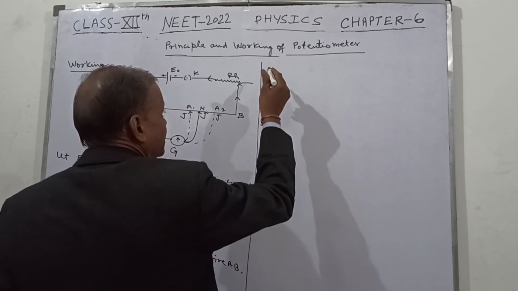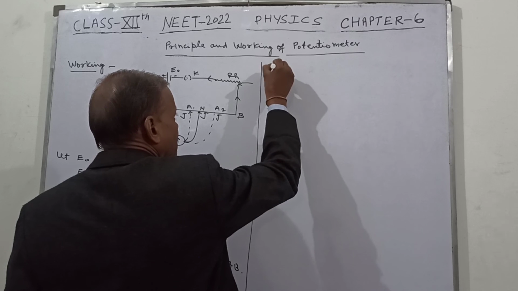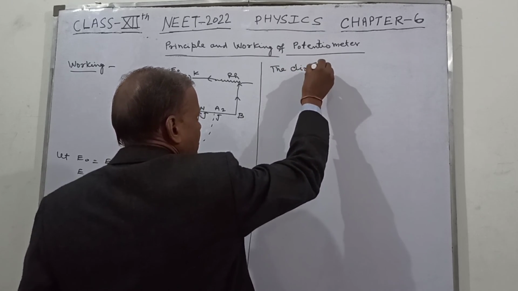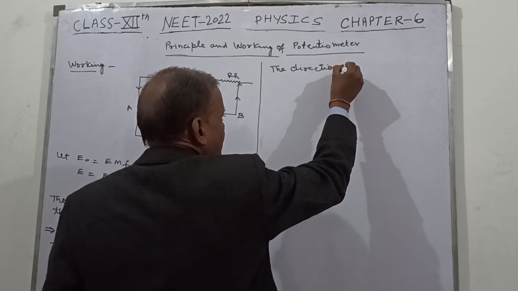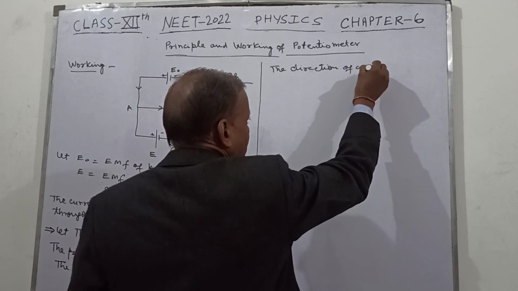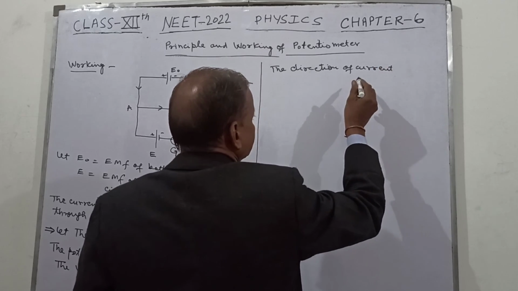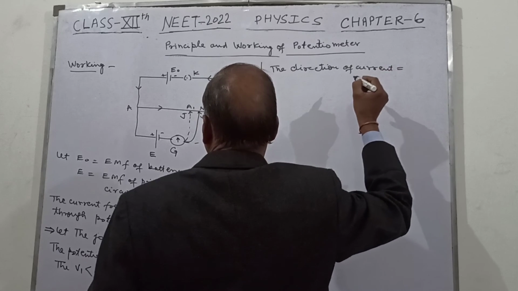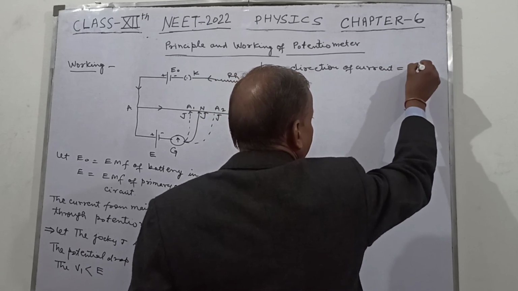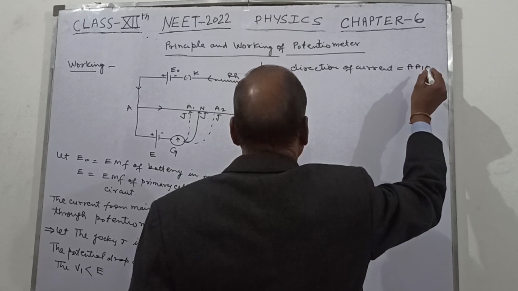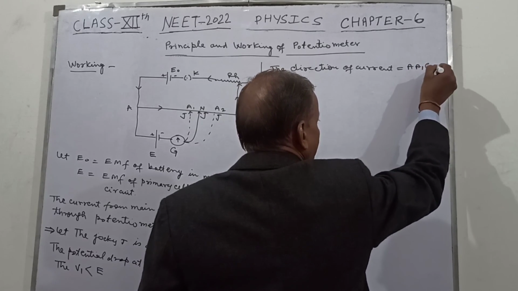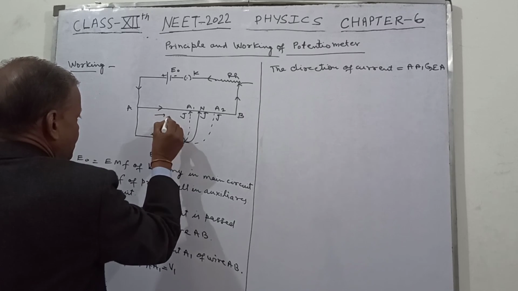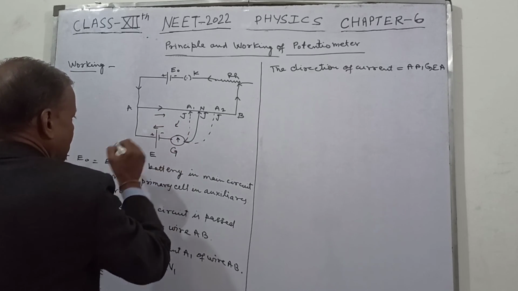So the direction of current is A1, G, E and A. So the current will be like this, in this way.